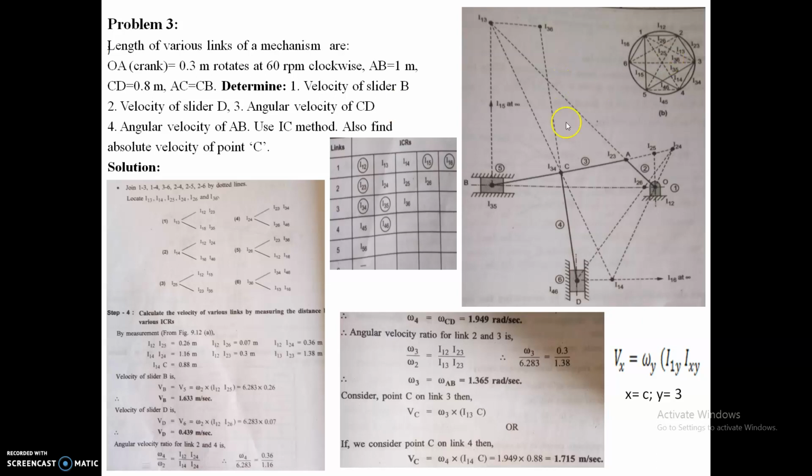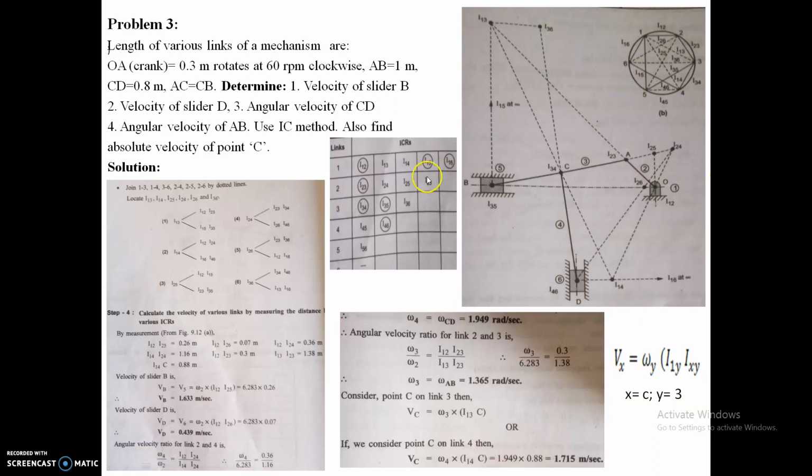So I have marked these observation ICs on the mechanism: IC12, IC15, IC16, IC23, IC34, IC35, and IC46. I have noted them on the mechanism.